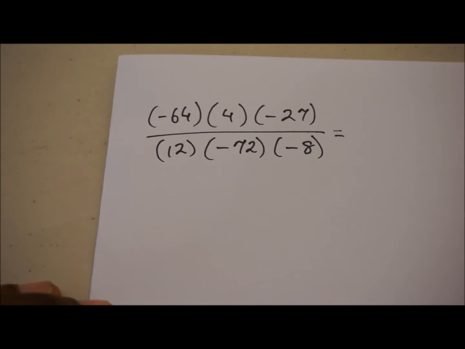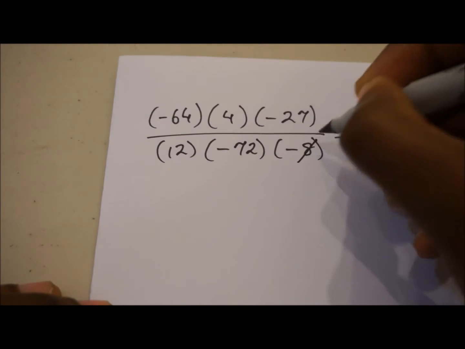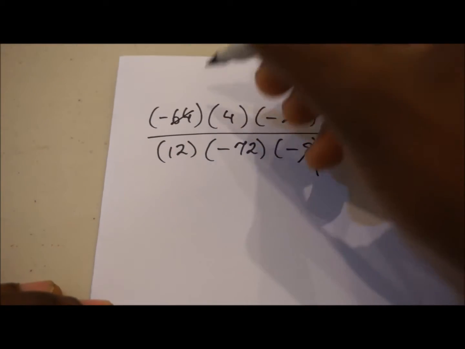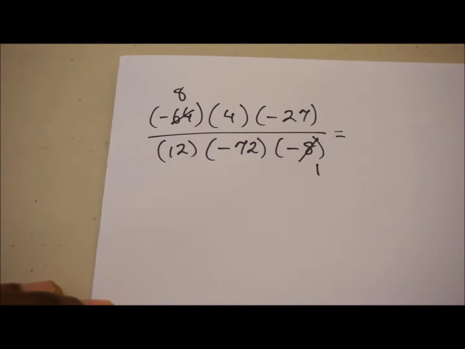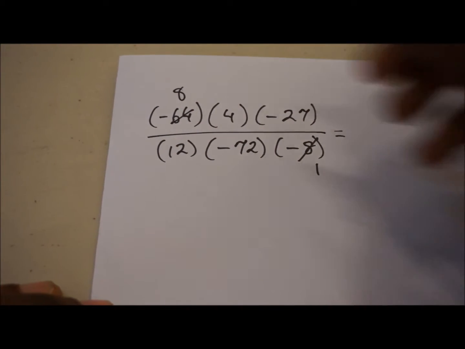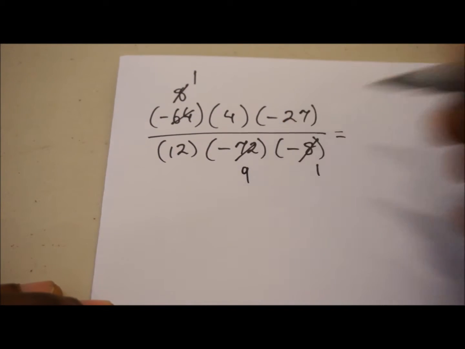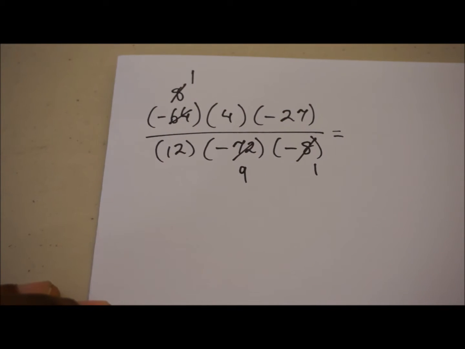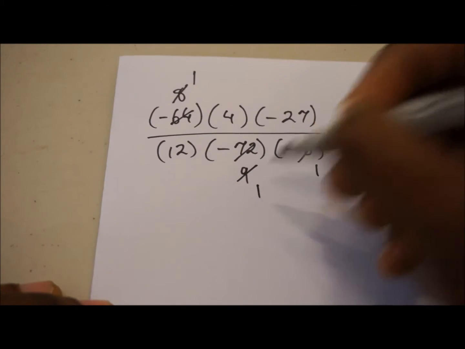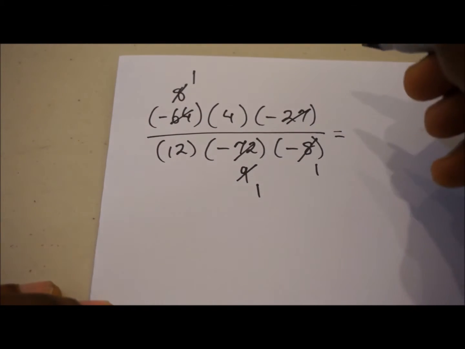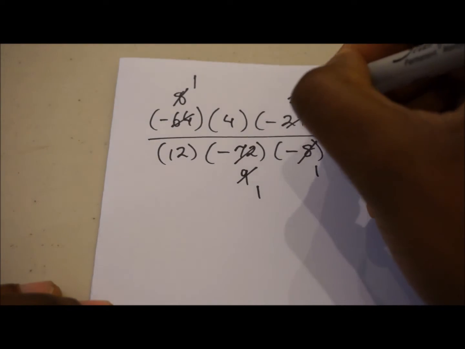And if I cancel, I could do this here. I could say 8 into 8 goes once, 8 into 64 goes 8 times. Then I could say 8 into 8 again goes once, 8 into 72 goes 9 times. And I could look at it again. I could see 9 into 9 goes 1 time, 9 into 27 goes 3 times.